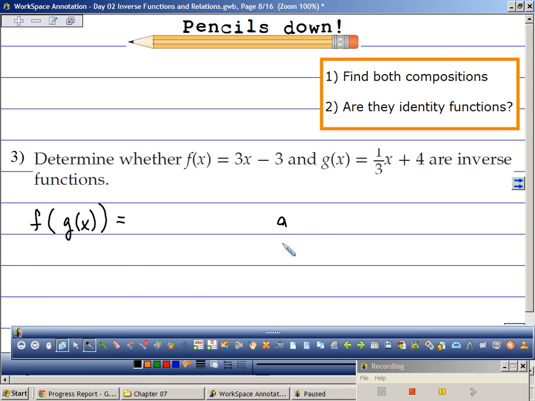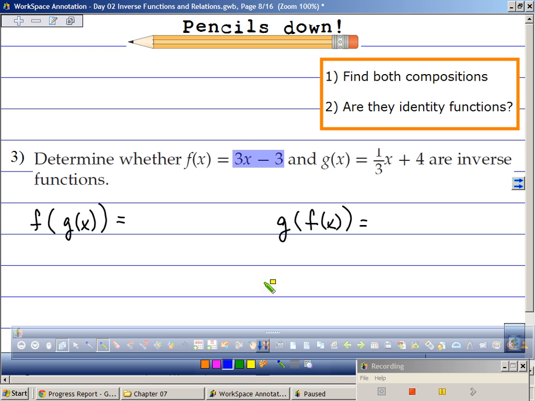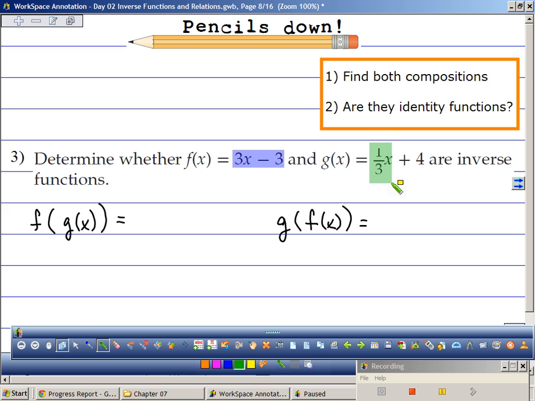And the other one should be g of f of x. Okay, so pay particular attention right now. I'm going to make colors. F of x is going to be blue, g of x is going to be green. So I'm going to start with f of x.